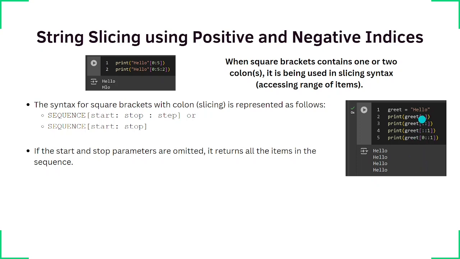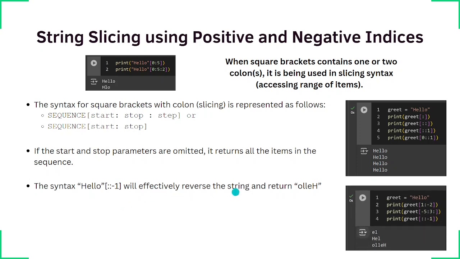So if you do just colon, or colon colon, or colon colon 1, or the beginning is 0, empty stop, and then the step is 1, that will also give you hello. The syntax hello colon colon -1, however, will effectively reverse the string and return OLLEH, like the last example here.